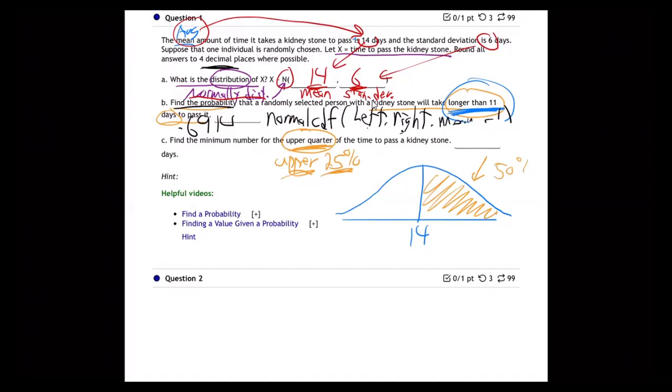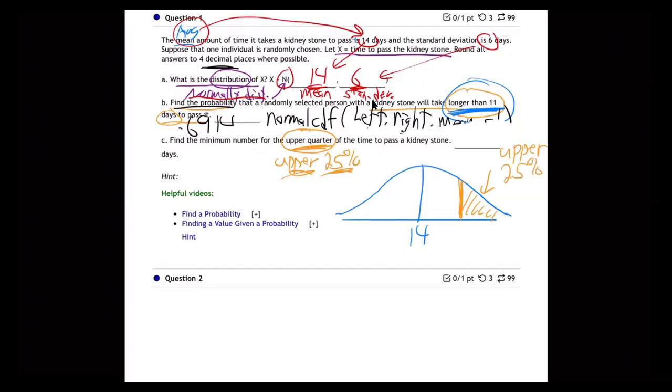So that's too much. We don't want that much. Well, what do we want? About half of that. Maybe about right here, huh? It doesn't have to look perfect. I just want you to generally have an idea. That's the upper 25%, about, right? That looks sort of right. You agree with me? Upper quarter, upper 25%.